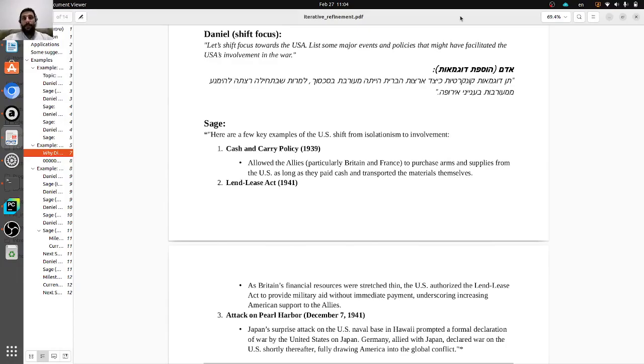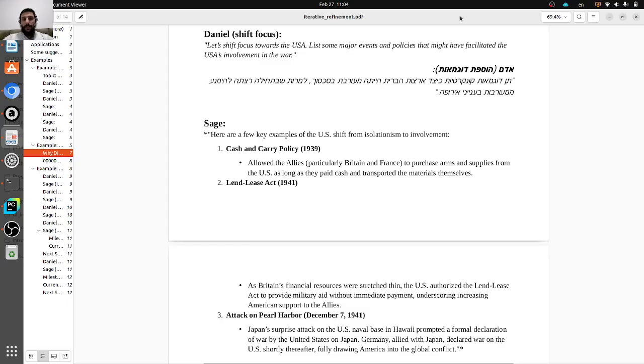After having explored the causal role of the European allies, in the third and last refinement iteration, Daniel would like to broaden his perspective and to learn about the causal role of the United States. So he prompts Sage, let's shift focus towards the USA, list some major events and policies that might have facilitated the USA's involvement in the war.